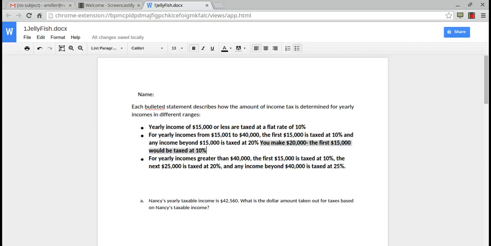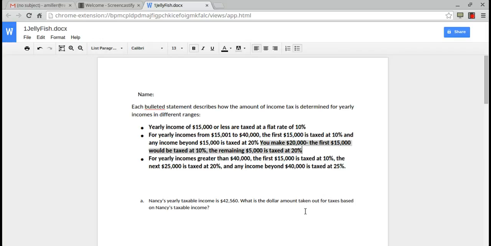Well, 20,000 minus 15,000 means there's 5,000 more, and the remaining $5,000 is taxed at what it says right here, 20%. So you want to find the 10% of 15,000 and then the 20% of the remaining 5,000.